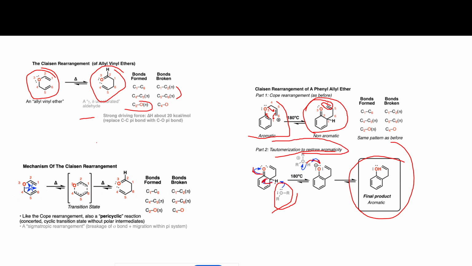First this proton will be taken up by the carbonyl, and again you become aromatic. It will be tautomerized again and restore the final aromatic product.